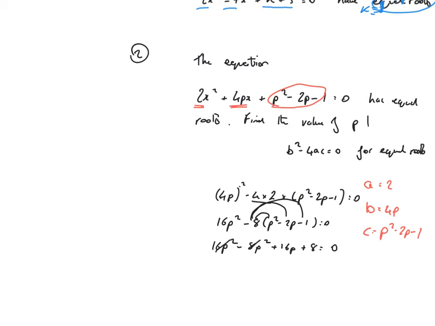Okay, 16p squared minus 8p squared is 8p squared, so now I get 8p squared plus 16p plus 8 is equal to 0.